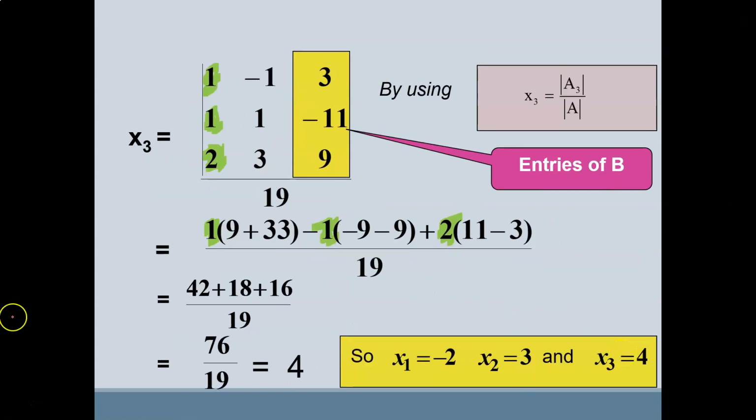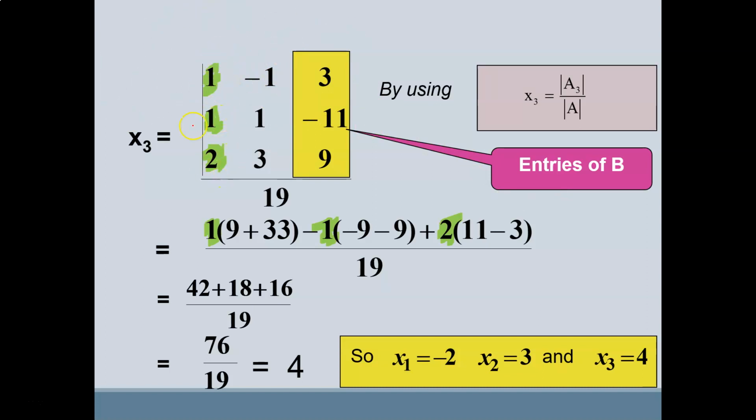And the last step, same for x3. It's just that you have to replace the third column with B. Okay, so you just replace column sahaja yang you gantikan dengan entries of B. Jangan kacau dia punya row. So in here, of course, I pick the first column.